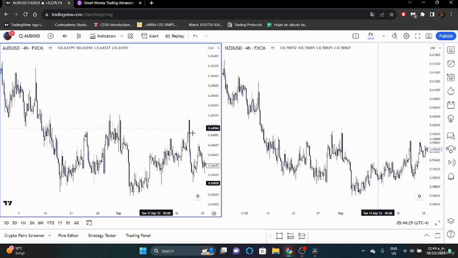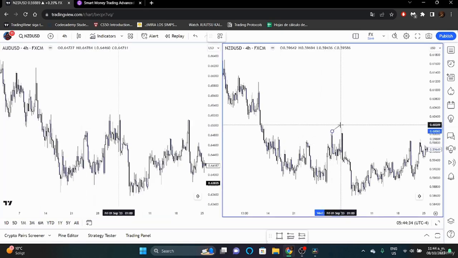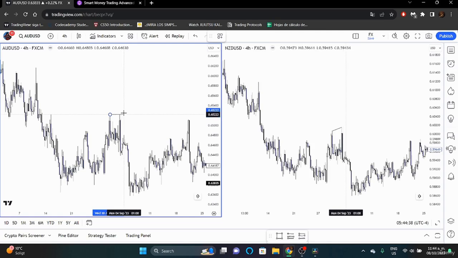Here they're correlated, but look at this. The SIG pair takes this high, and this doesn't. This has equal highs. Okay? And look at the fall. Look at this huge fall.